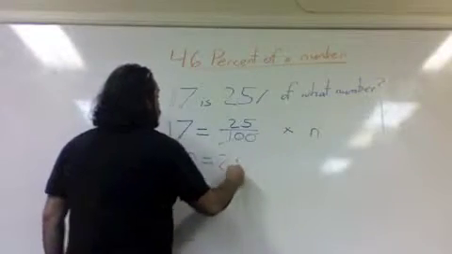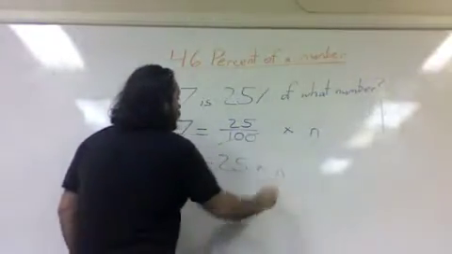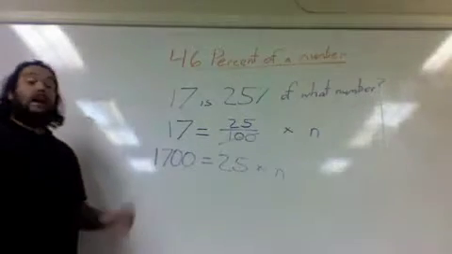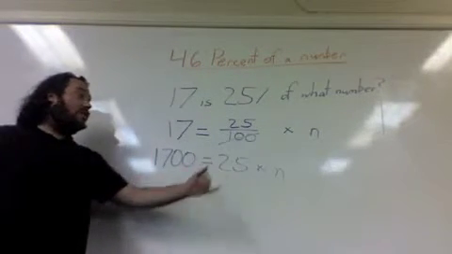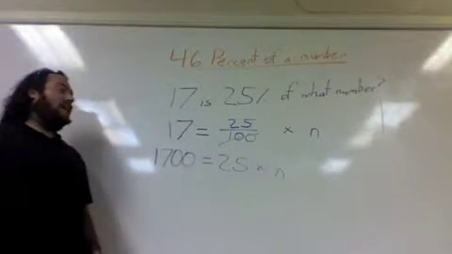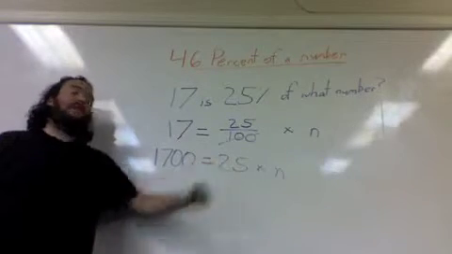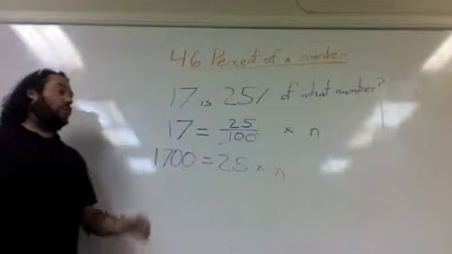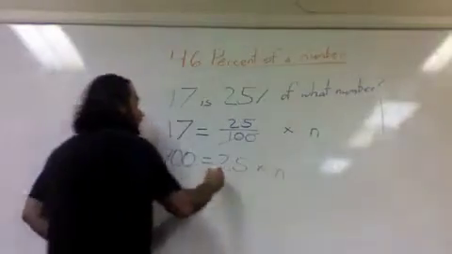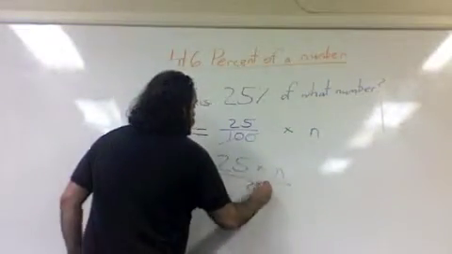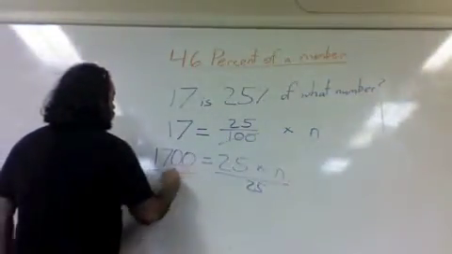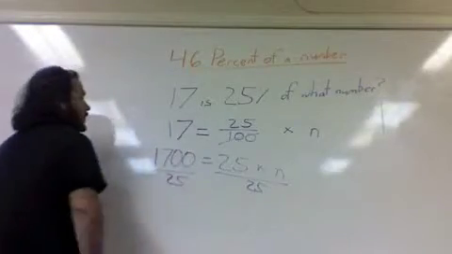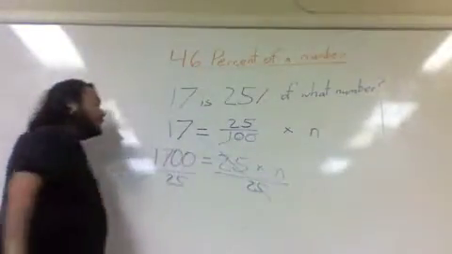And now we have 25 times our unknown. Again, what we're trying to do is get our n by itself. So we want to divide out that 25. We're going to divide both sides by 25. The 25s are going to cross out.